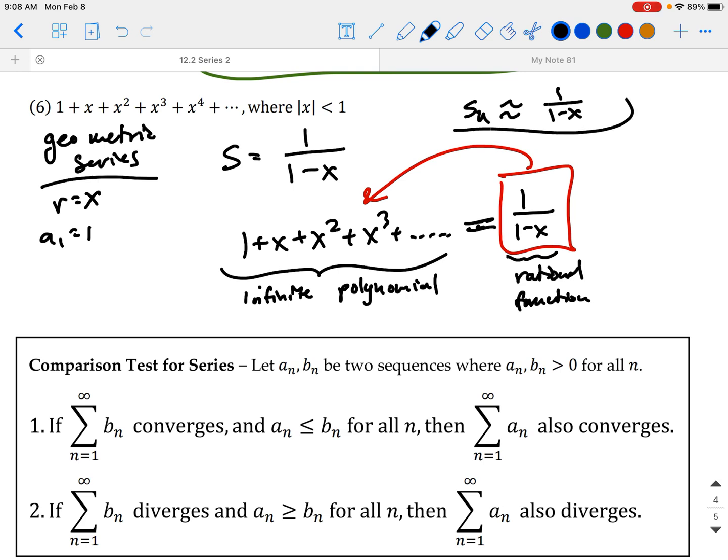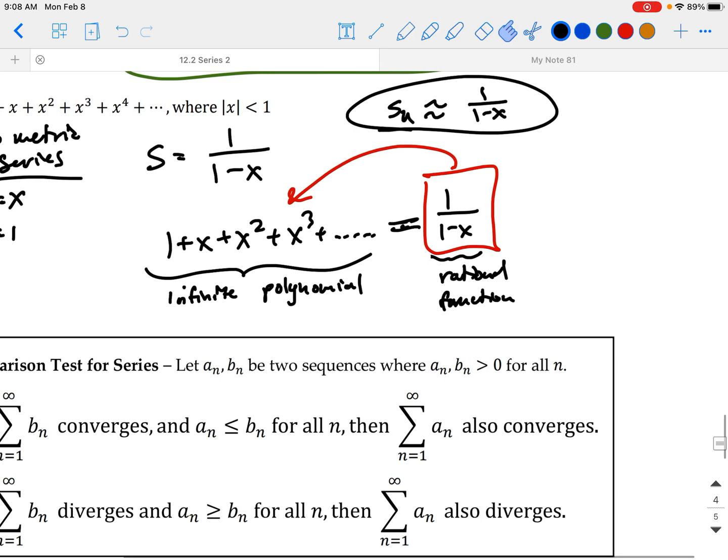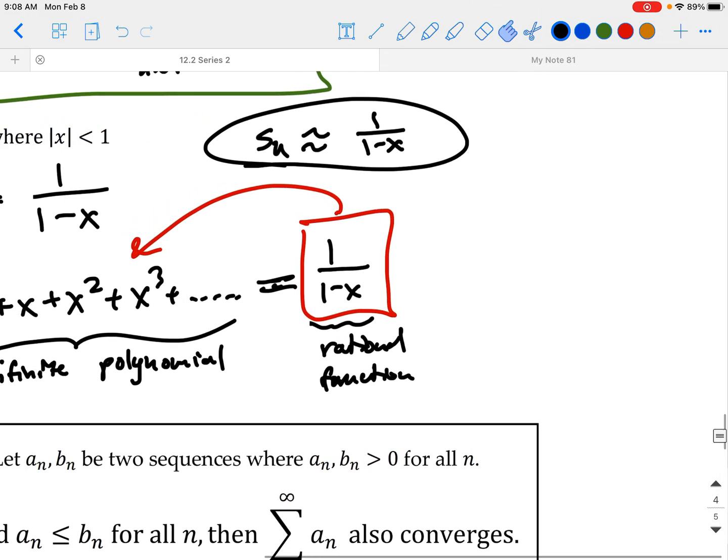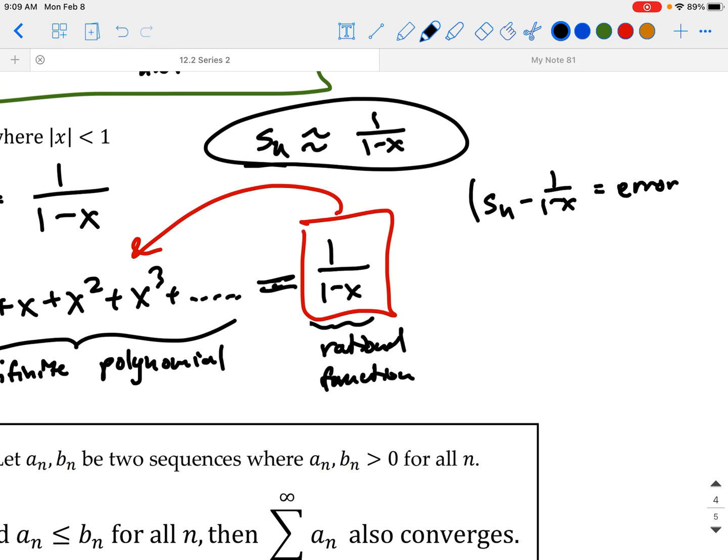But if I take partial sums, that's going to be approximately our function, which means that we're also going to have to be introduced to some type of error as well. So, right, S sub n minus 1 over 1 minus x is going to equal the error, the absolute value, let's say, the error in approximation. Right, so if we consider it at a particular value, it's going to be the error in approximation.